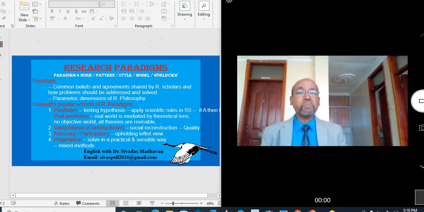So one of these must be used by a research scholar to make the research scientific and to declare what it is. So when research scholars write this, the research evaluators will be very happy to see that and check. If a particular research paradigm is mentioned in the methodology part, immediately the examiners will look into the other parts whether it is true or not, and they will find out.